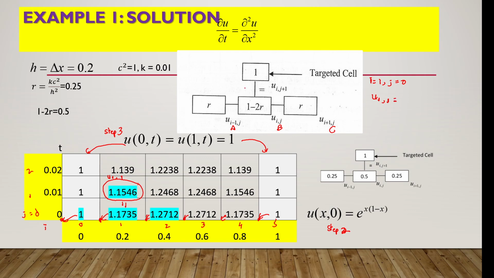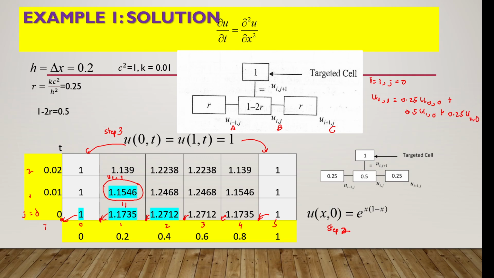If we put back to this molecule, R that we obtain is 0.25, means 0.25 U, I is 1, so U1 minus 1, so U00, plus 0.5 U10 plus 0.25 U20.